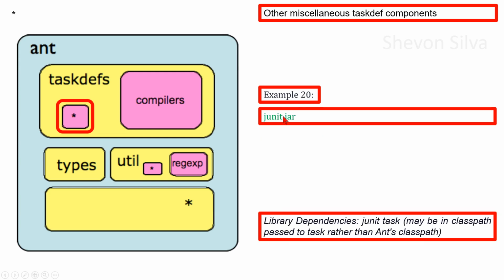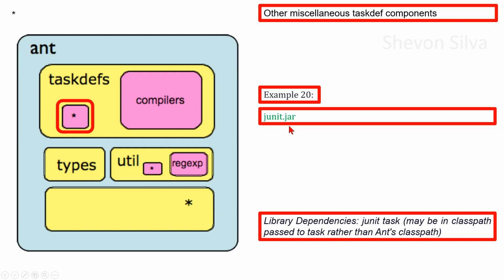Now we are considering JUnit.jar in library dependencies. This is needed for the JUnit task, and may be on the class path passed to the task rather than Ant's class path, and this is available at https://junit.org/.